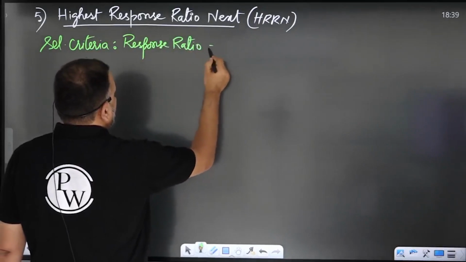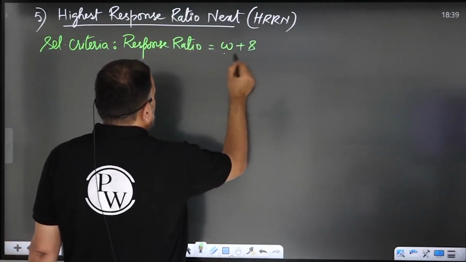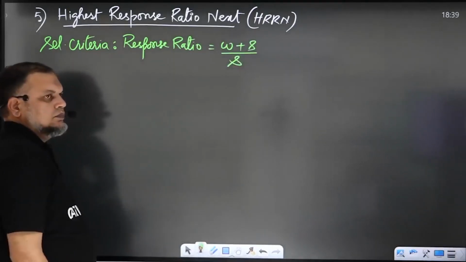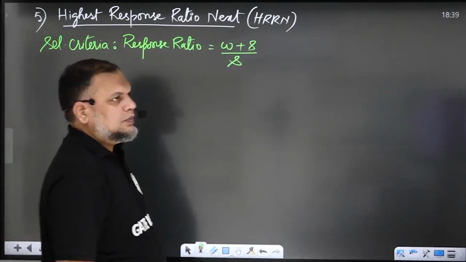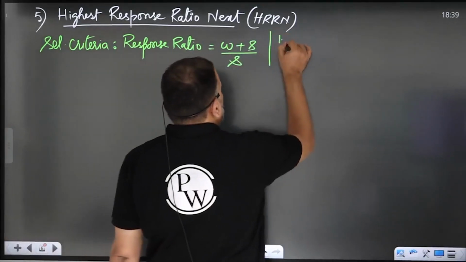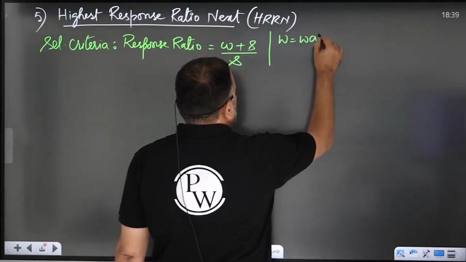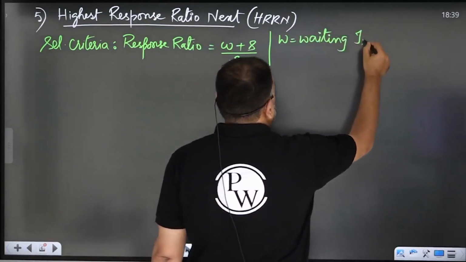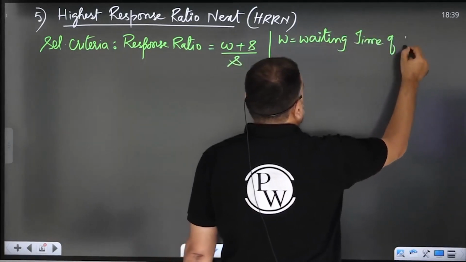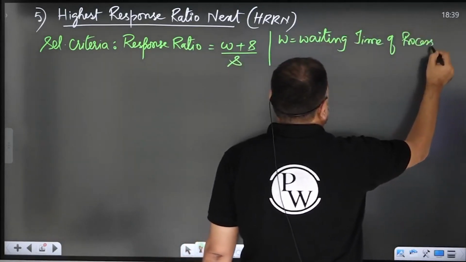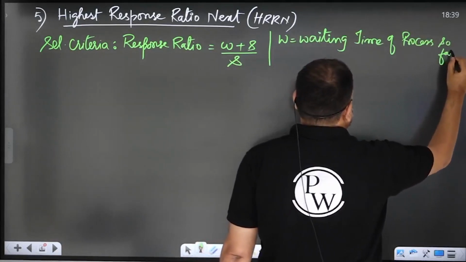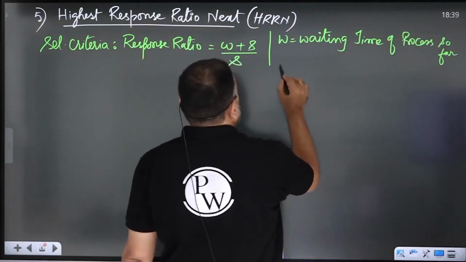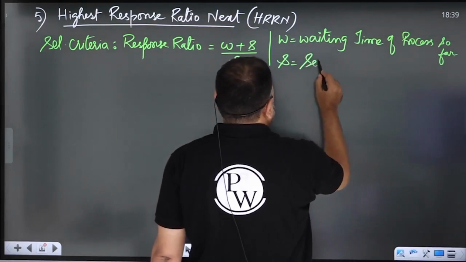Response ratio is defined as (W + S) / S, where W is the waiting time of the process so far, and S is the service time.